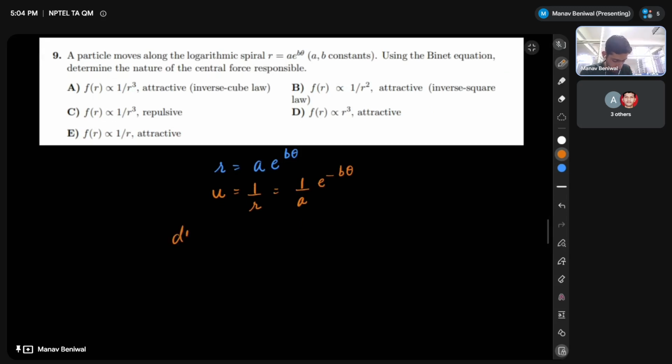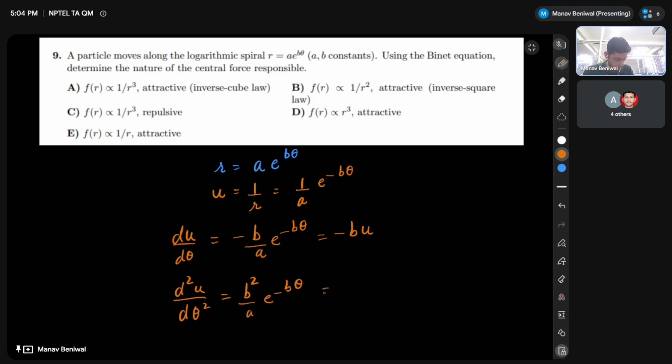First of all, my du by d theta will be minus b over a e to the minus b theta, which is nothing but minus b u. And my second derivative, d2u by d theta squared, will be simply b squared over a e to the minus b theta, which is nothing but b squared u. Okay, so this is it.